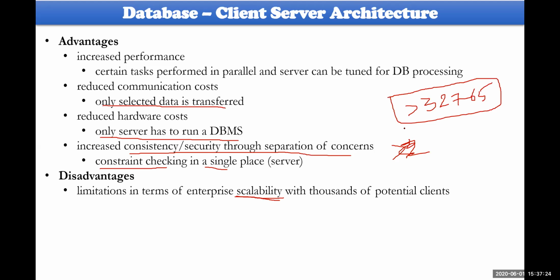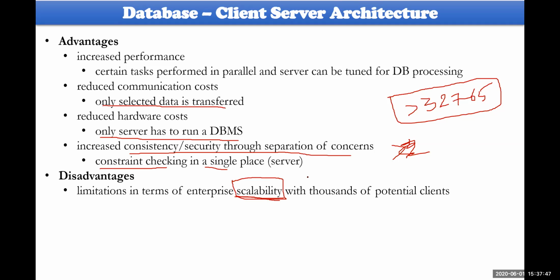Nowadays, some organizations have 1 lakh people, others have 2 lakhs, 3 lakhs people, and want to implement such a database server using two-tier client server architecture. It is not that easy. Scalability means how many people can be connected to that particular server. That is called scalability.